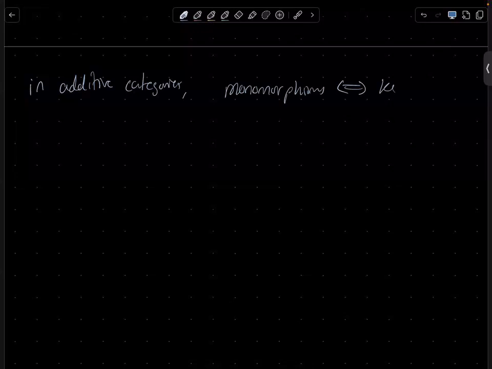And then likewise epimorphisms are co-kernels. Great. Okay, and then I should also define image and co-image.